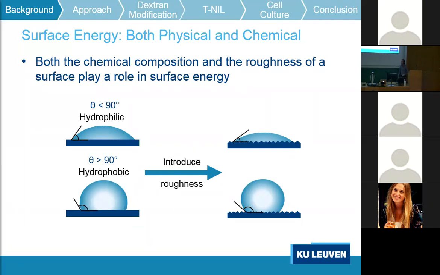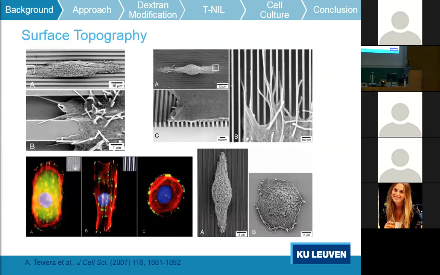The last property I'll introduce is somewhat related to roughness, but we'll call it surface topography. And I will differentiate them by saying this is a larger scale of surface information, whereas you could have roughness overlying a topography. And this is probably one of the earliest influences that was observed in material interaction with cells, and it was observed over 100 years ago, I believe, at this point.